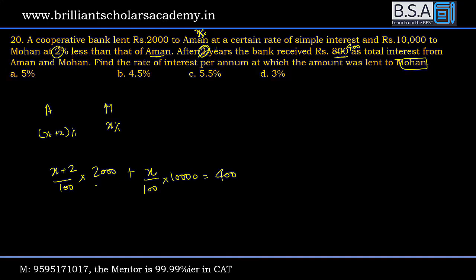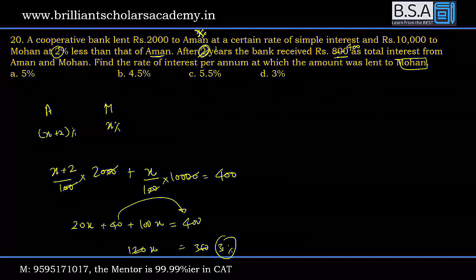Khatam aapka question. Two zeros, two zeros are gone. This becomes 20x plus 40 plus 100x is equal to 400. Transfer this, it becomes 360. 120x is equal to 360. X is equal to 3%.